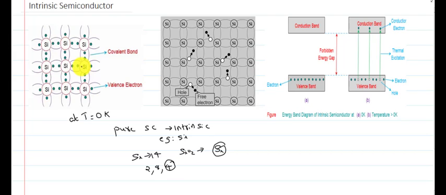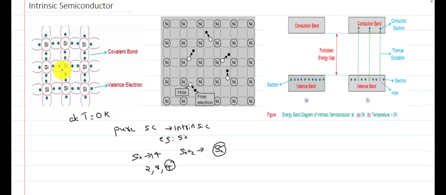The silicon atoms are arranged in a periodic manner, and each outermost electron is shared with the neighboring silicon atoms. At T equal to 0 Kelvin, all the outermost electrons are shared, forming covalent bonds.